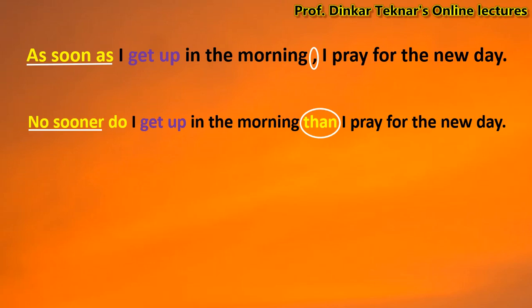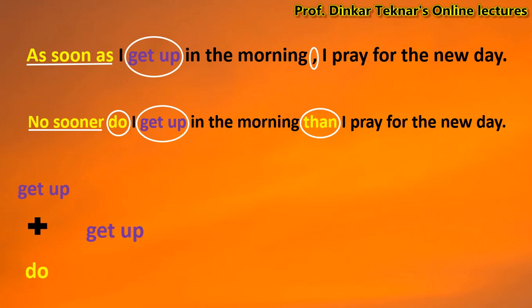In the second sentence, after no sooner, the auxiliary verb do is used because the main verb of the first sentence, get up, is in present tense without s or es, and so when do is used, the main verb has no change. So get up plus do remains get up.